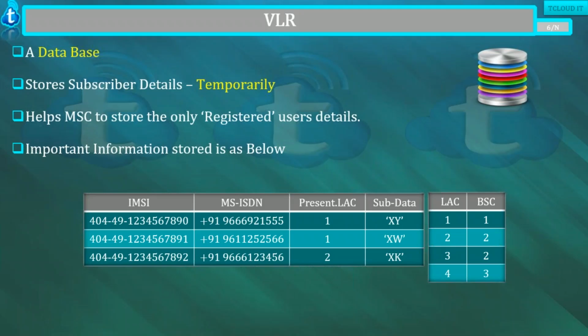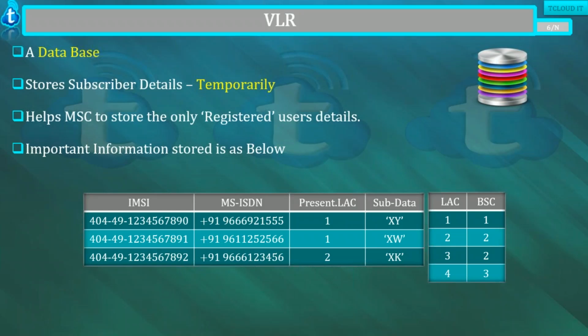Because if you find out a mobile is under a particular location area, you must be able to derive which BSC that location area belongs to, so that you can go to that BSC to help you out with respect to this incoming call. You can request that BSC to do some job related to the incoming call.